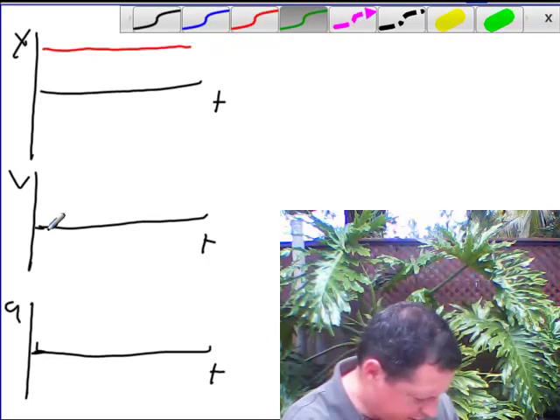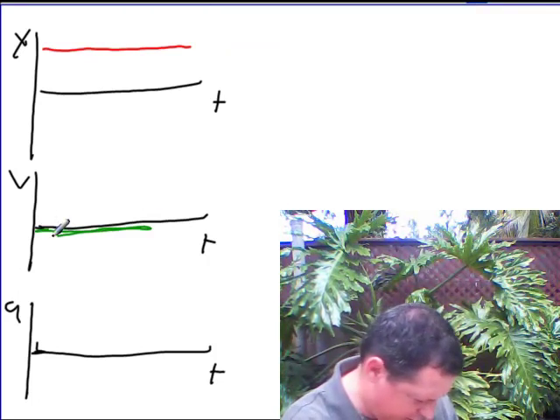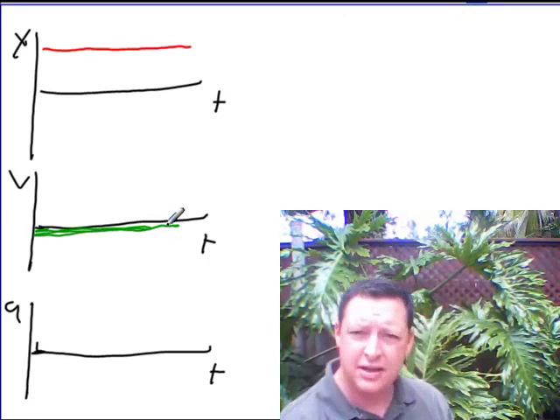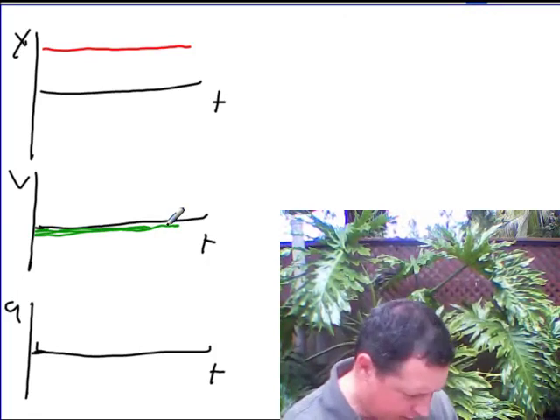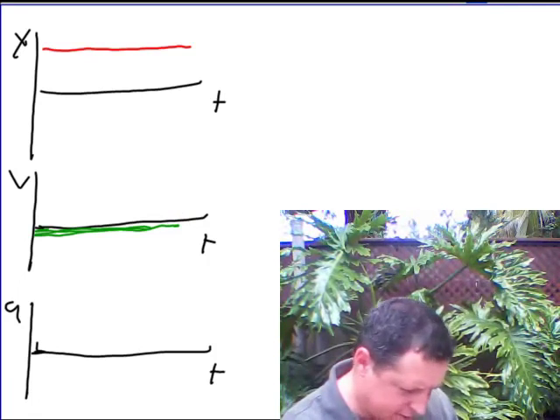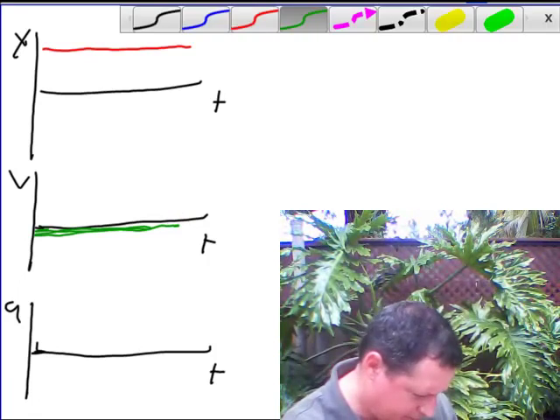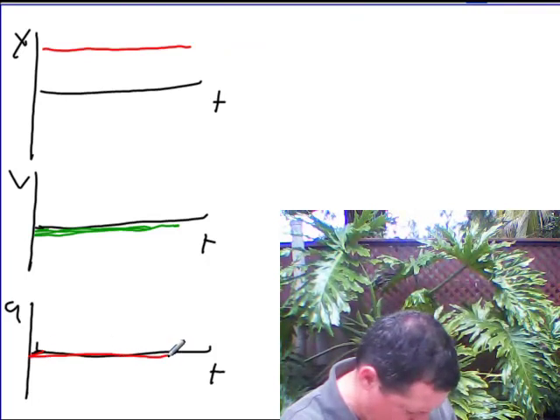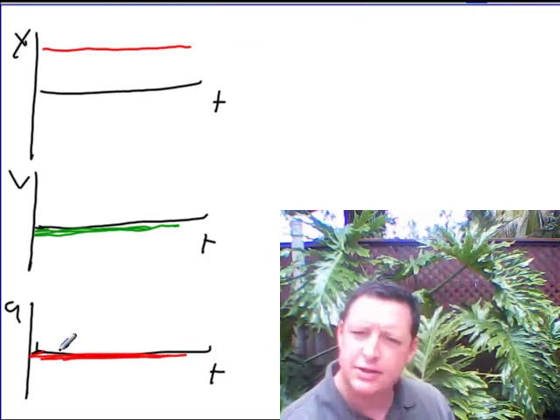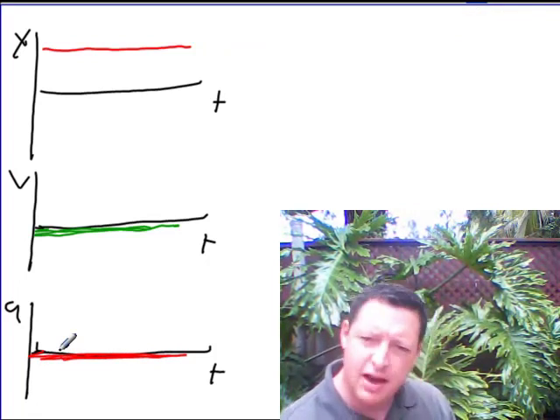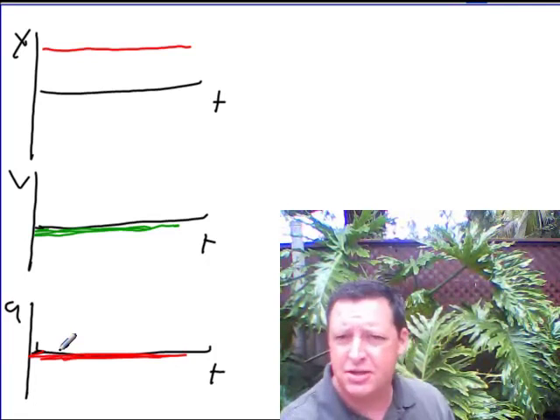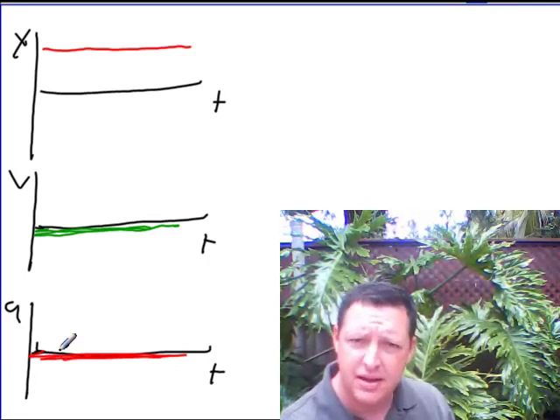So, if I wanted to sketch the velocity versus time, I would just draw a horizontal line at 0. And if I want to sketch the acceleration as a function of time, that would also be 0, because 0 is also a constant, and the derivative of a constant is 0. Alright, so that wasn't very interesting. If the position is constant, the velocity and the acceleration are also 0.